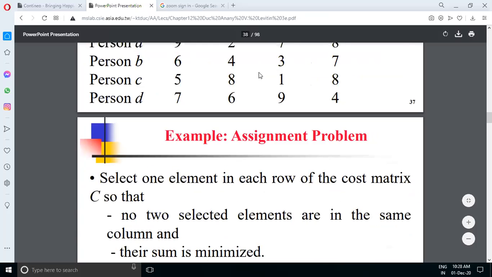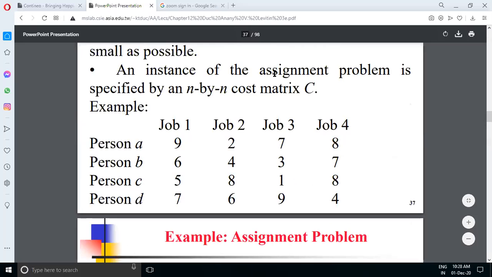In each row, students, you are going to take the minimum one. Look at the first row, which is the minimal one? In the first row, what is the minimum value you have to take? Just look at the assignment and tell me, in the first row, out of 9, 2, 7, 8, which is the minimal value? 2.